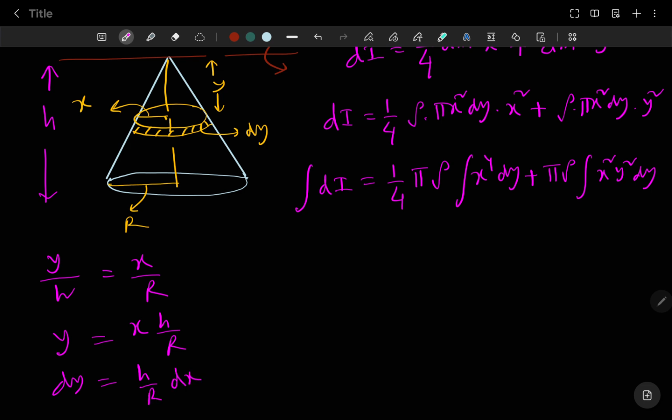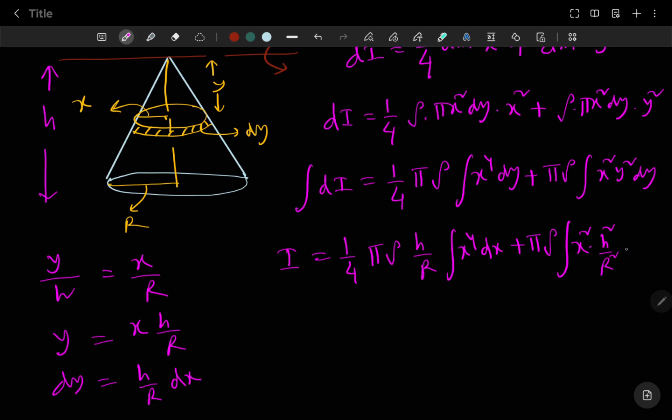So here I will be 1 by 4 pi rho h by r x⁴ dx plus pi rho x square h square by r square x square h by r dx.